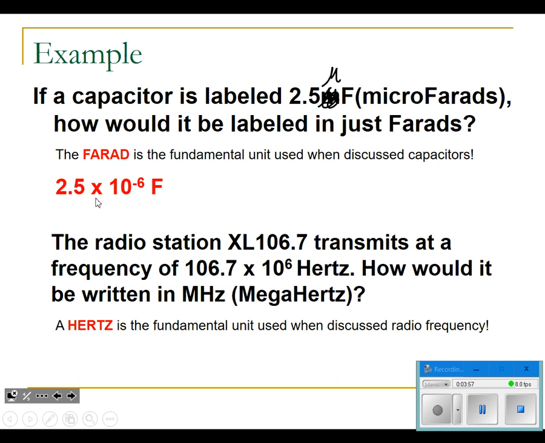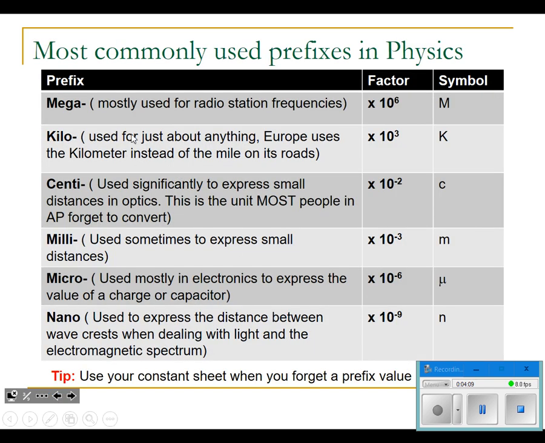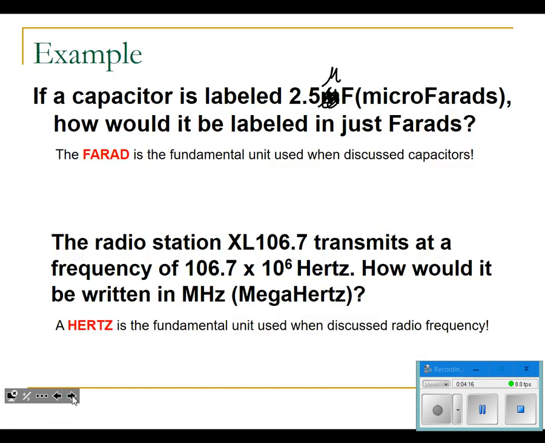So all I had to do was add the times 10 to the negative 6, because that's the conversion for micro to regular. And so if we go back a slide real quick, remember where I had micro, it said times 10 to the negative 6. So you can just add that to the base number.